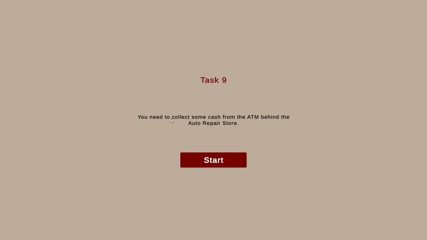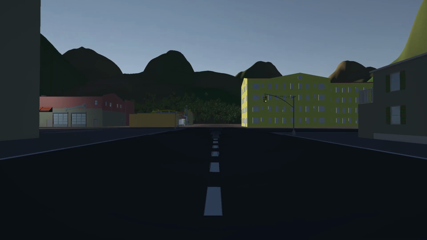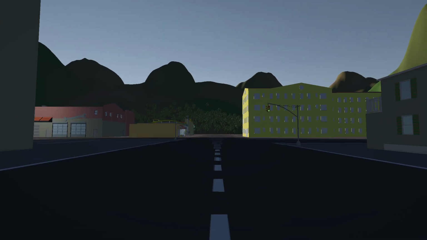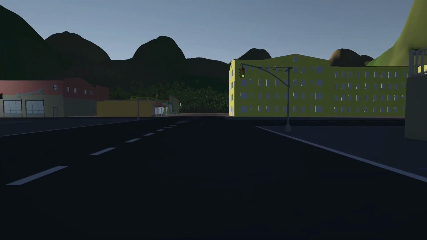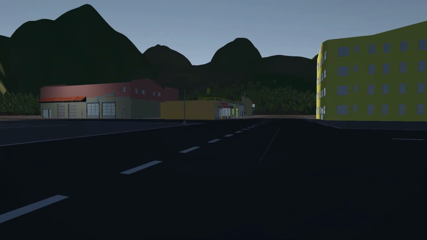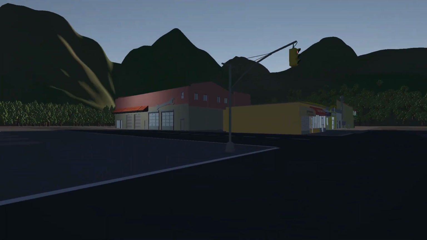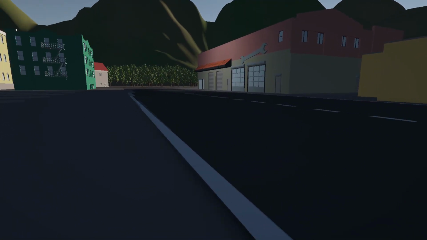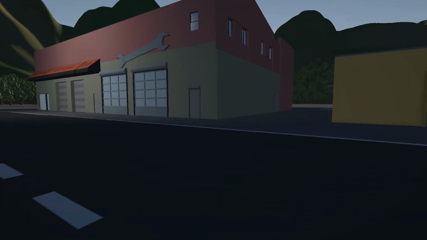Task 9, you need to collect some cash from the ATM behind an auto repair store. Now, for the last one, I decided to put the same exact starting position, and I wanted to see how much of a difference just the lights can make. So you have these traffic lights, right? First you have this one on the right that makes you want to go forward, but then you have this one on the left as well, and then you have these lights here on the auto repair store.